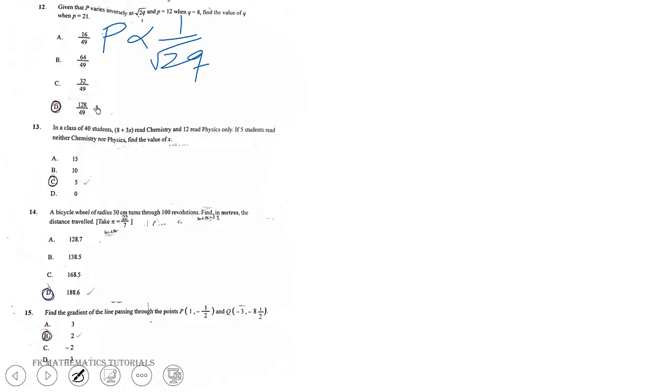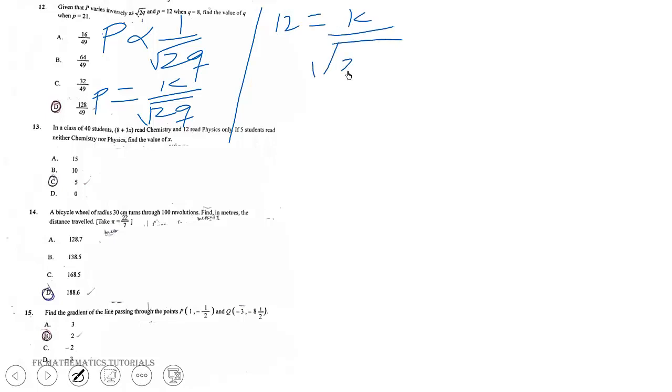Introducing the constant of proportionality, P is equal to K over square root of 2Q. So when P is equal to 12, Q is equal to 8, we have square root of 2 times 8, which is square root of 16, which is 4.